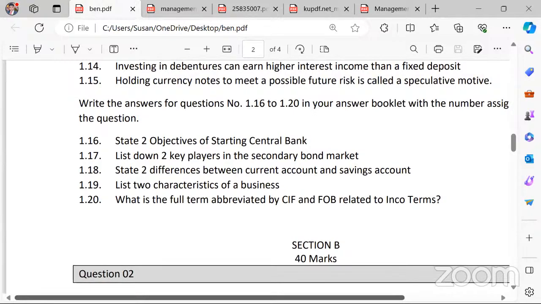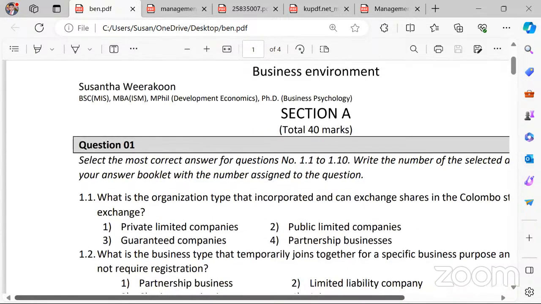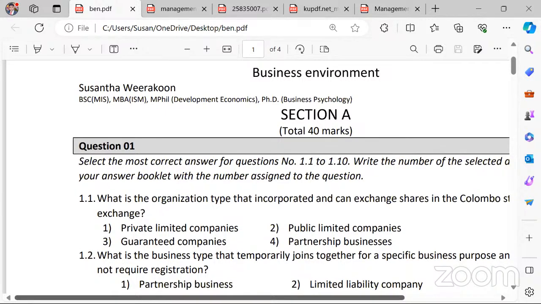Section A has 40 marks, which is very important. Section A is 40, Section B is 40, and Section C is 20. Section C includes only one question, which is very important to improve your marks.